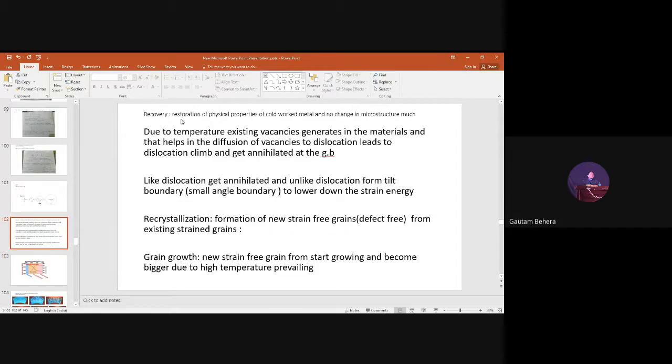If you remember, in the recovery stage, what happens? The metal recovers to its initial values, like its ductility once again comes into the picture. You can see electrical conductivity coming back, which had been lost during the cold working process.